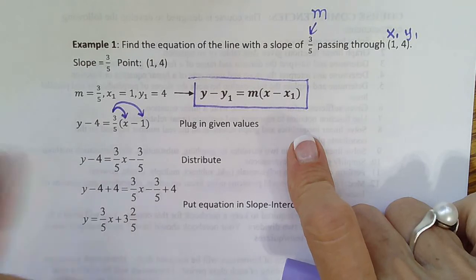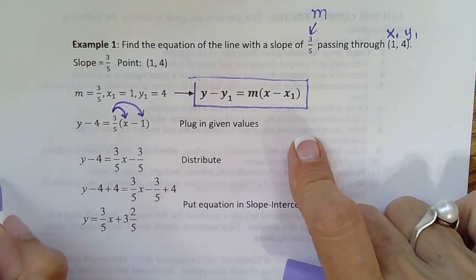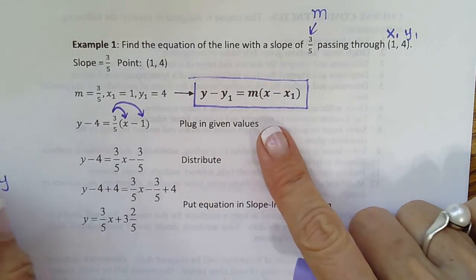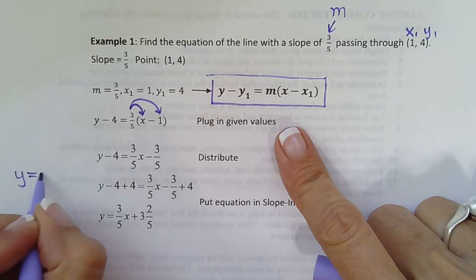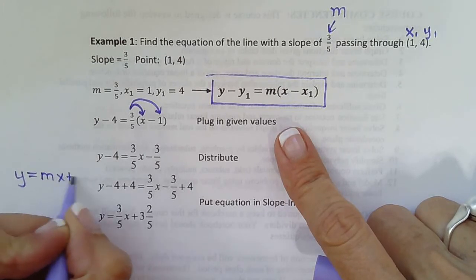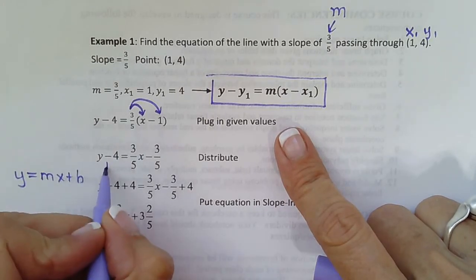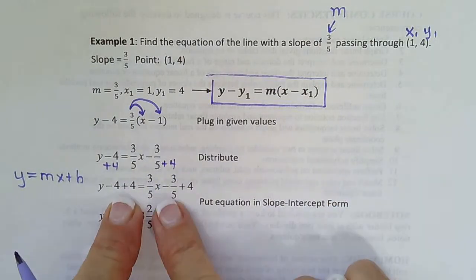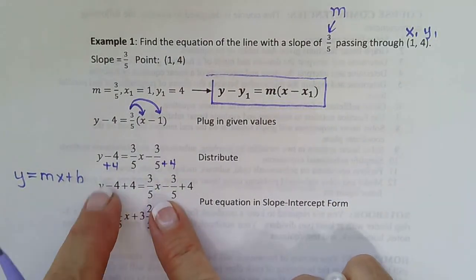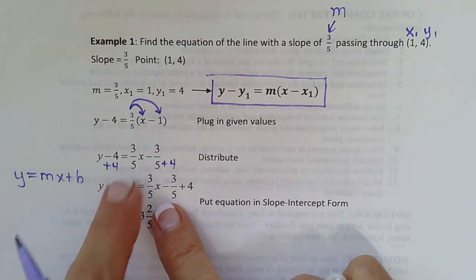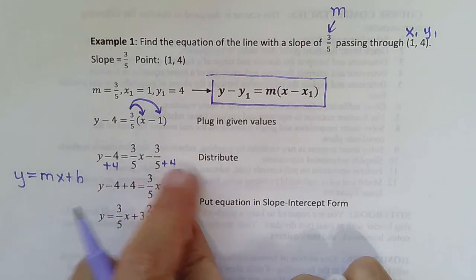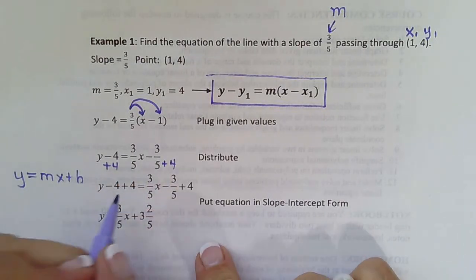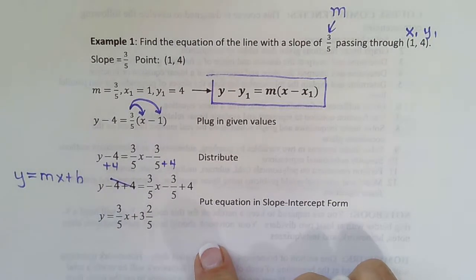And then we want the final answer to be in y equals mx plus b form, so that means add 4 here, add 4 here. So y minus 4 plus 4, 3/5 x minus 3/5 plus 4. Obviously on this side they cancel, right? So we get our y, which is our goal.